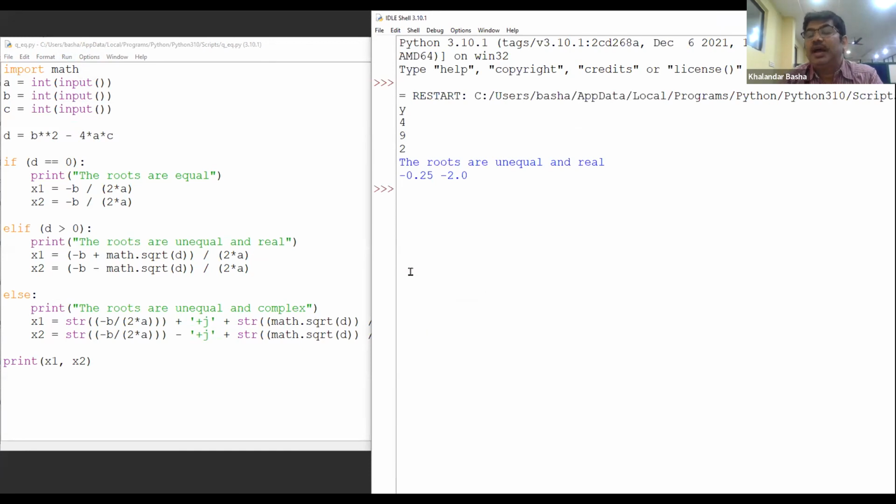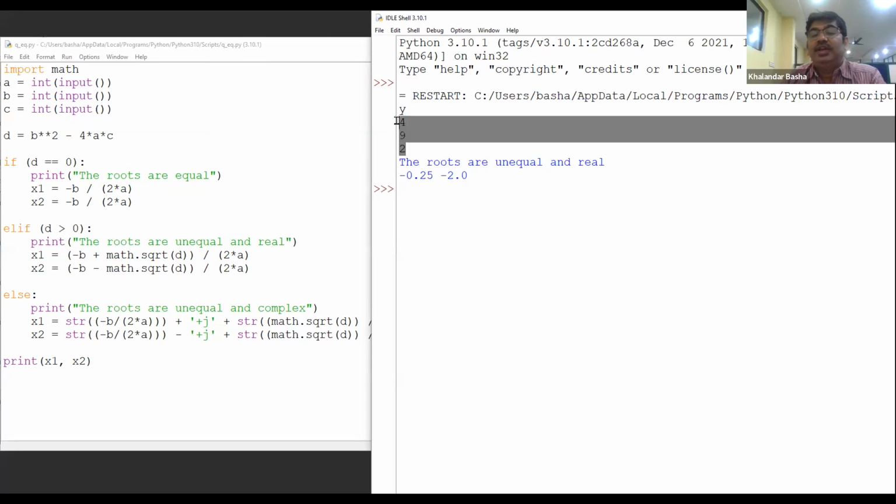See, the roots are unequal and real, and the roots are minus 0.25 and minus 2.0. Similarly, you can enter any value and display the results. Either it may be real and unequal, or unequal and complex, or the roots are equal, depending upon the values of a, b, c. You can try out.